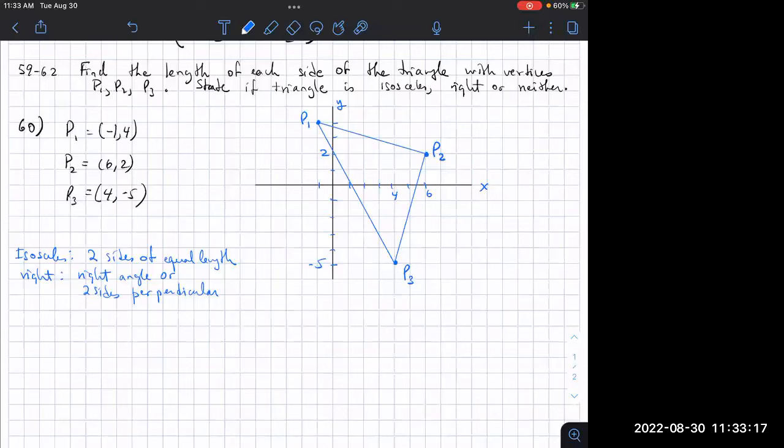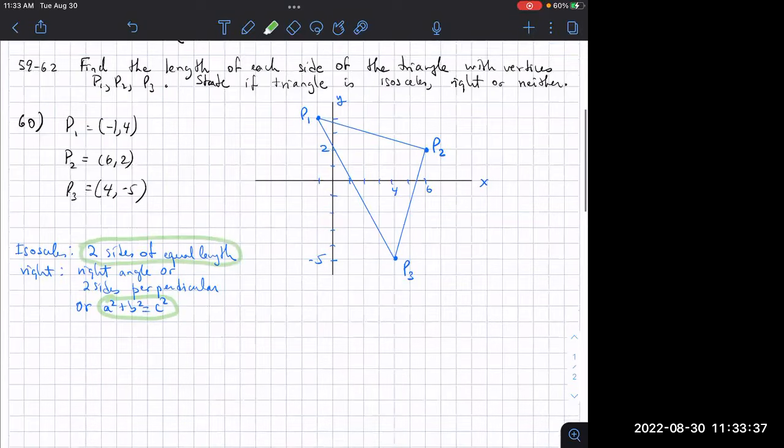Or you could also say if a squared plus b squared equals c squared, if the sum of the squares of two sides equals the square of the third, then it's a right triangle. I think we're going to use that. So we're going to check if a squared plus b squared equals c squared, and check if we have two sides of equal length.